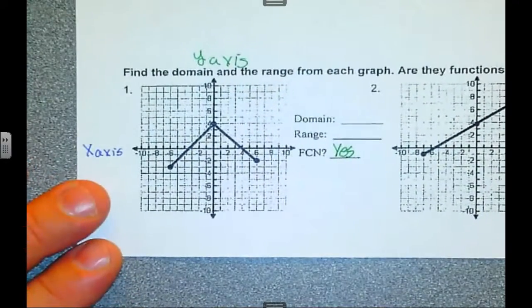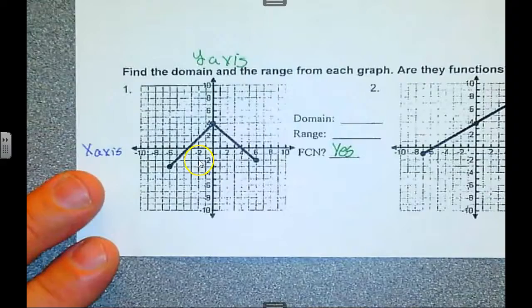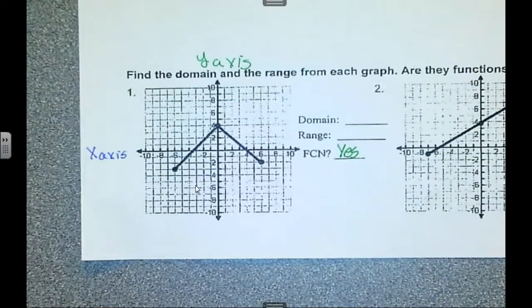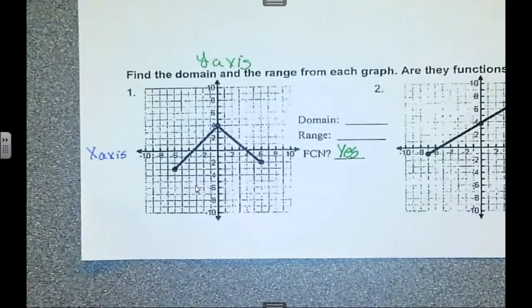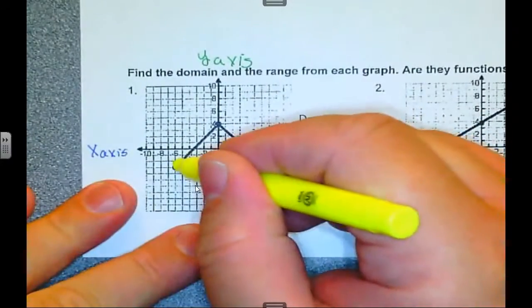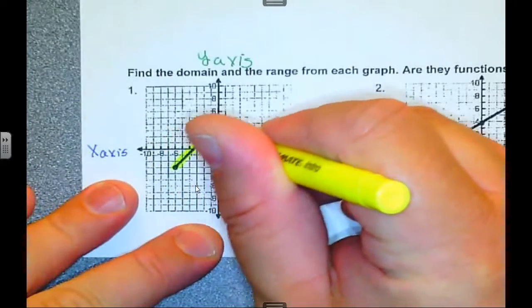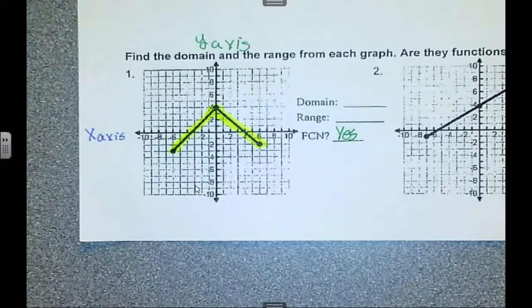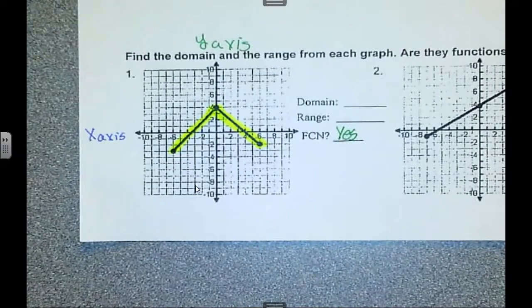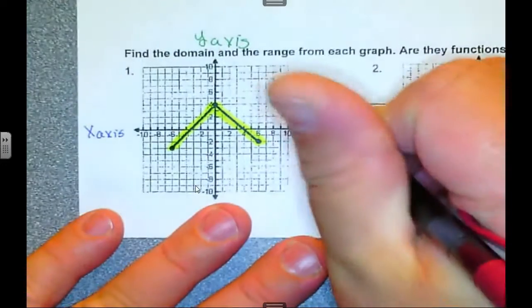Okay, what's my domain? What's my domain for this graph? How do you figure that out? Well, look at my graph. What are the x values? Where does it start?